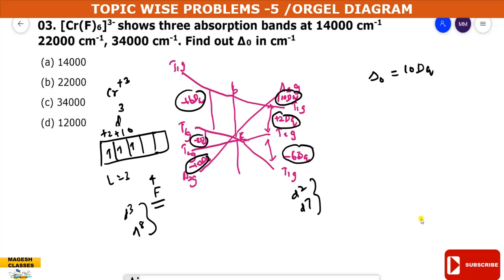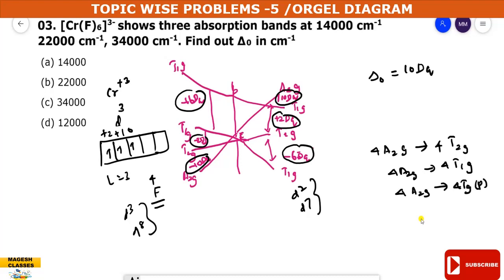So here the 4 values, 3 transitions: 4A2G to 4T2G, 4A2G to 4T1G, and 4A2G to 4T1G beta. So these are the 3 transitions.